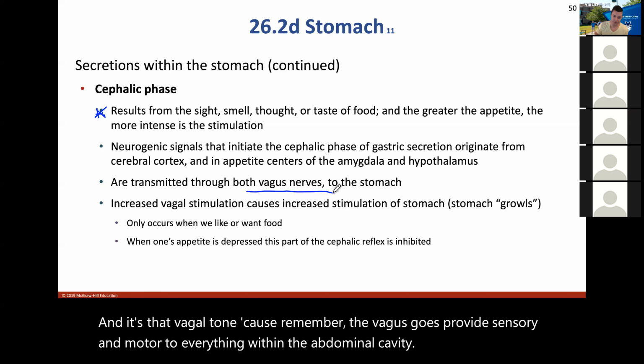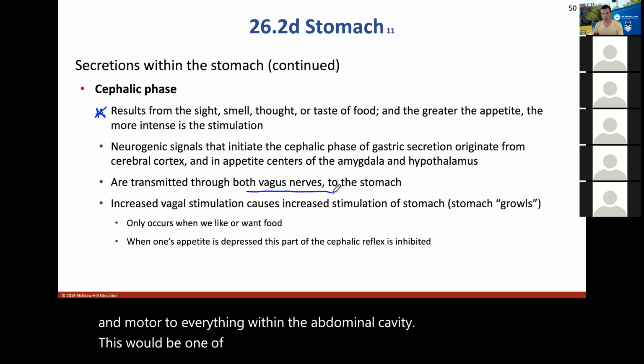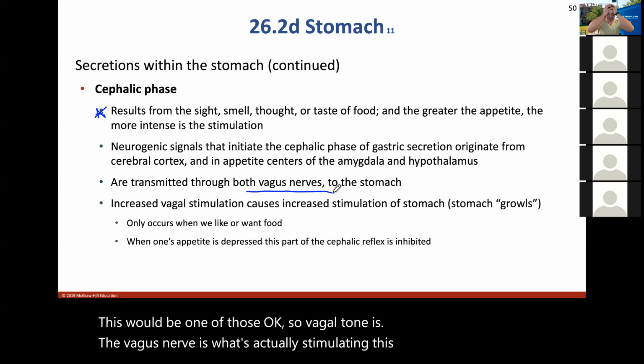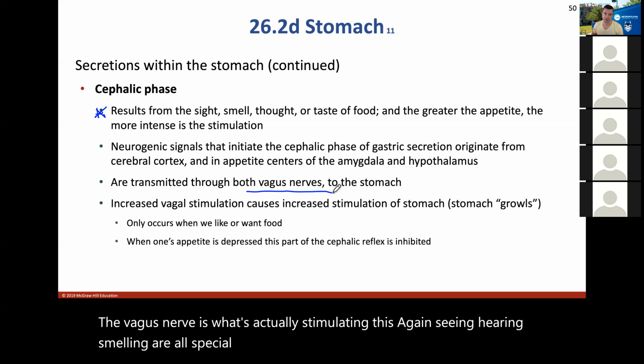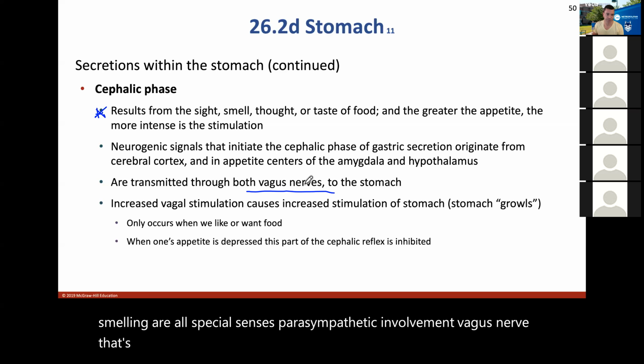So vagal tone, the vagus nerve, is what's actually stimulating this. Again, seeing, hearing, smelling are all special senses. Parasympathetic involvement, vagus nerve, that's what's kickstarting this all off.